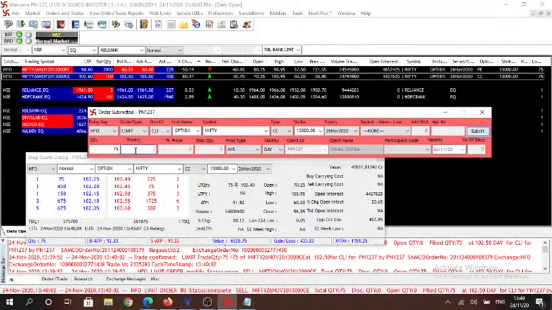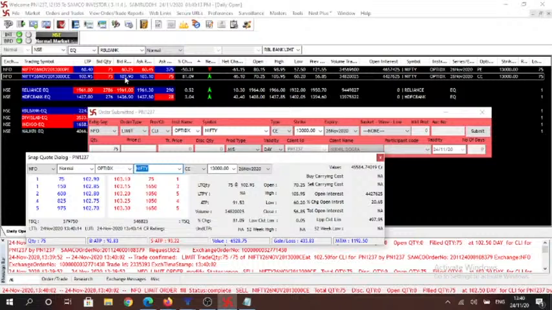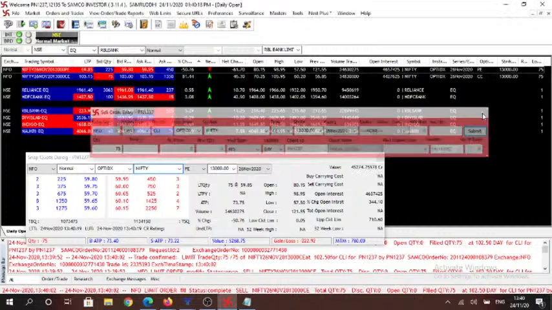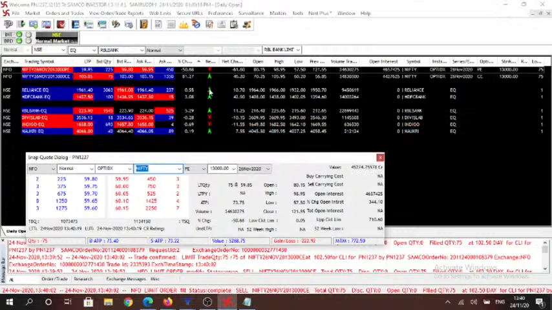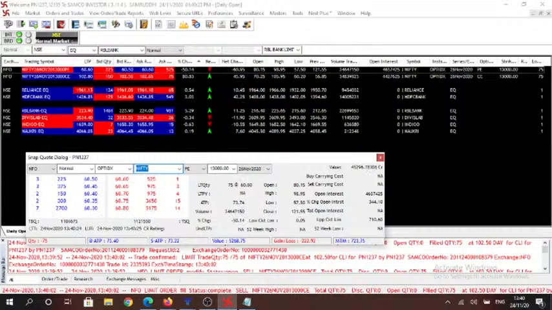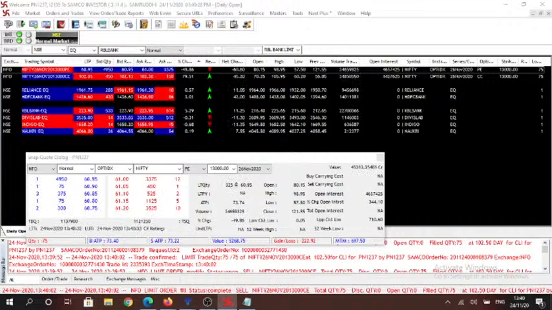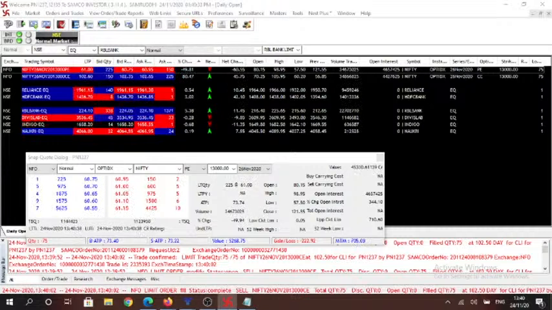We have been filled out of one of our positions at 102.5. Now we'll be trailing one long call, and we have one short put. Let's see if we break 60.